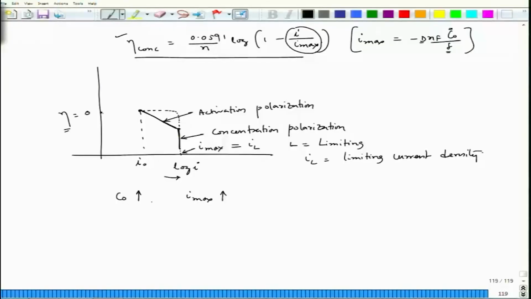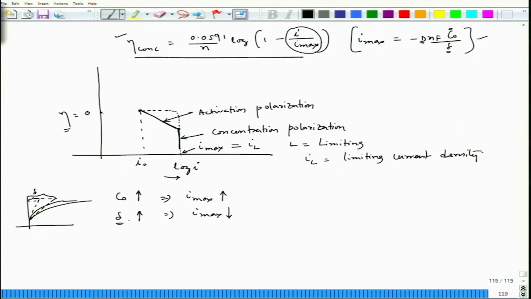Now, if delta increases, that means if we have the concentration profile like this, so this is my delta, and it increases to this much, then as per this equation, if the concentration is not changing and D is not changing, I max should decrease.